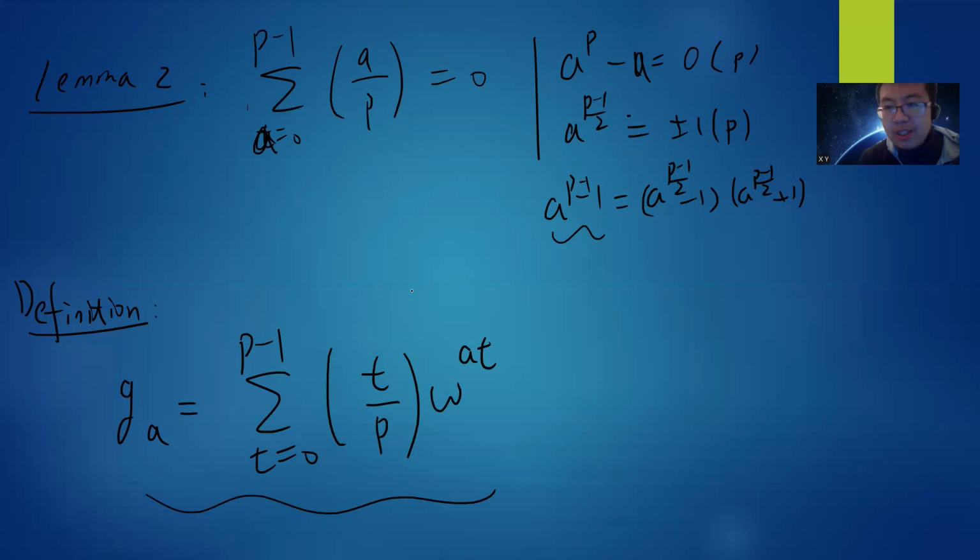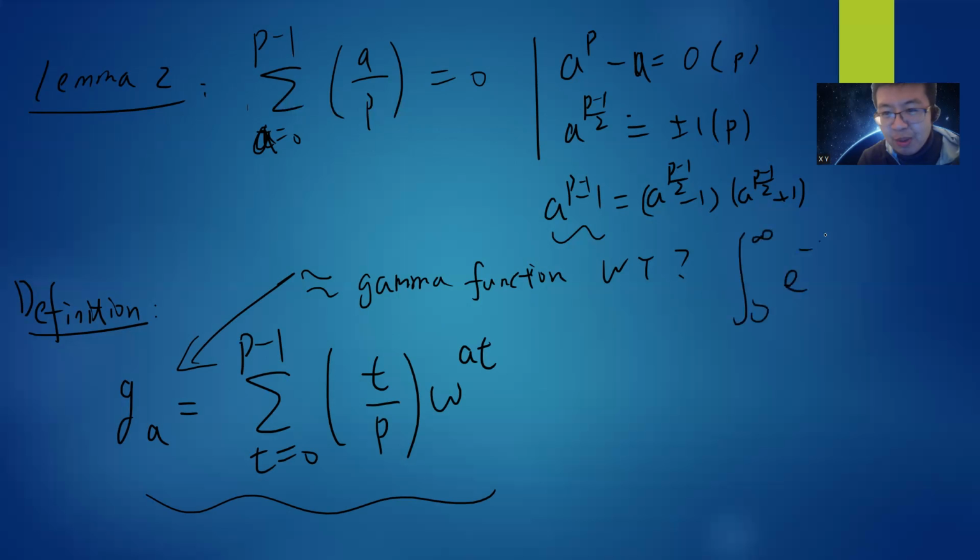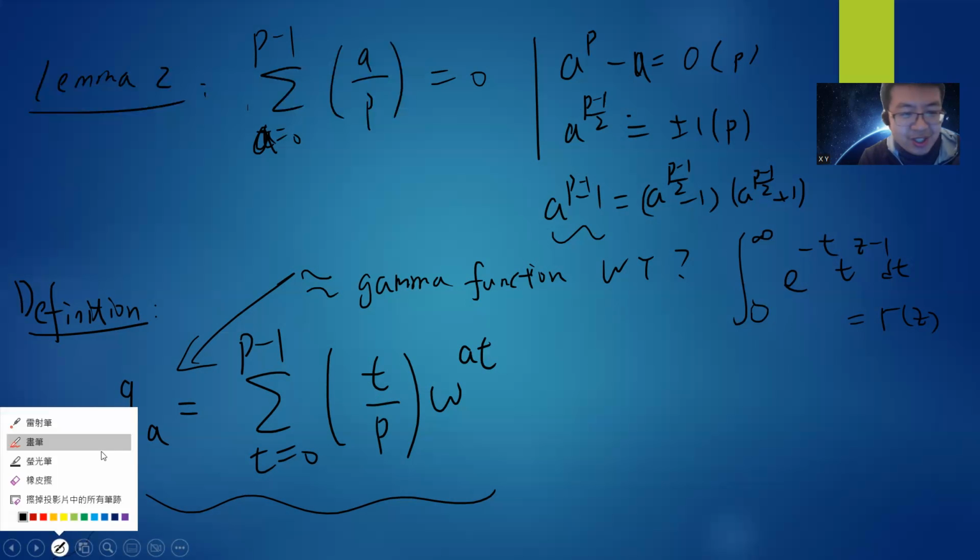You might have heard some people say that this is similar to the gamma function, and you might say that doesn't make sense. If you know about engineering mathematics or mathematical physics, you know this definition of the gamma function, but why are these two similar?